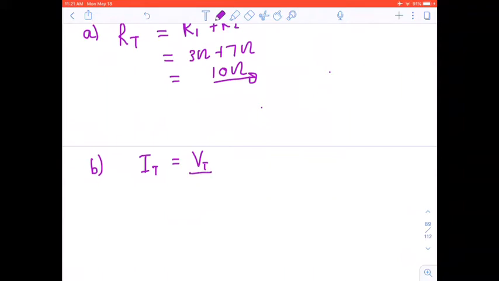And then we have R total, so I total is equal to V total over R total. V total is 21 volts, R total is 10 ohms. So therefore, the total current in the circuit is equal to 2.1 amps.